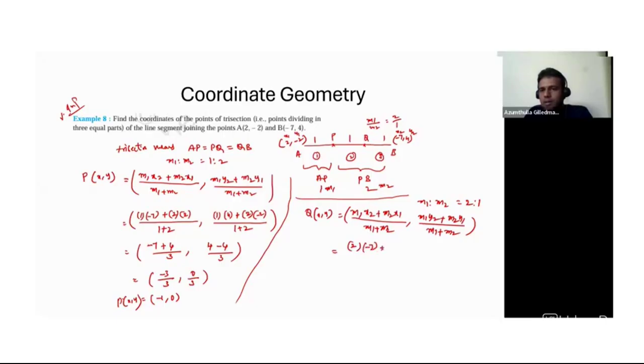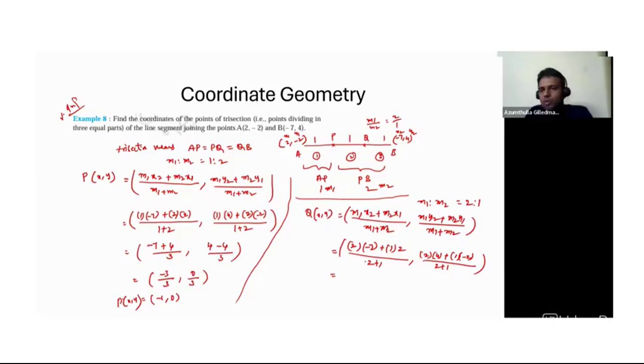Again, the plus and minus signs are very important here. So what is m2? M2 is 1. And what is x1? x1 is 2, by m1 plus m2 means 2 plus 1, comma 2 into what is y2? y2 is 4. 2 into 4 plus m2 is 1, 1 into y1 is minus 2, by 2 plus 1, that is 3.